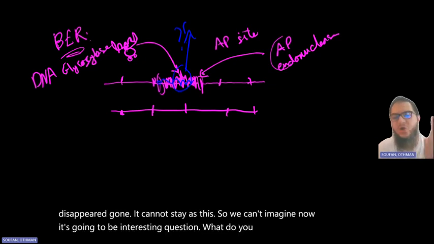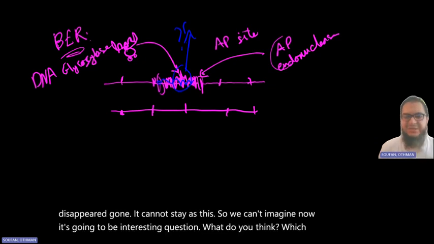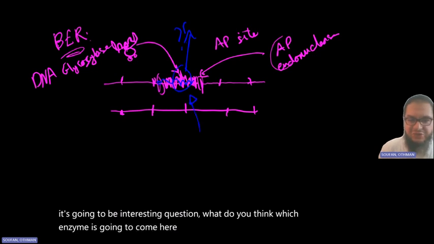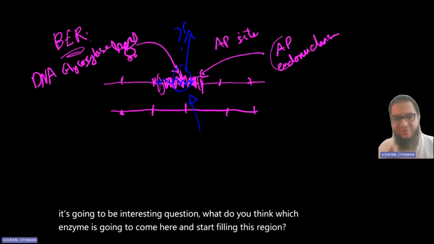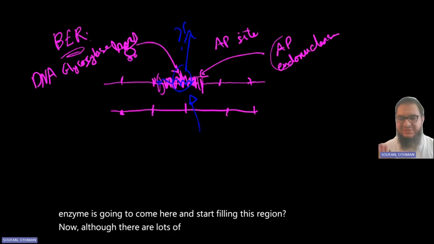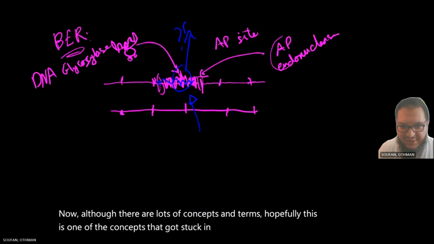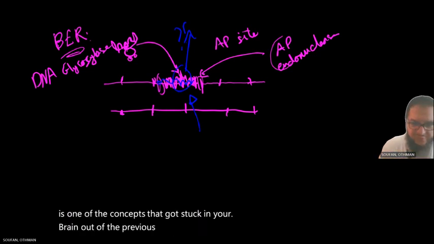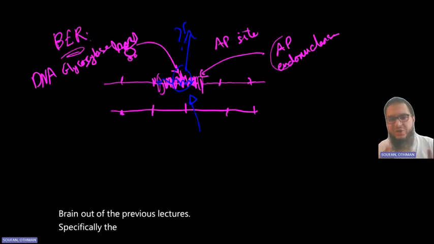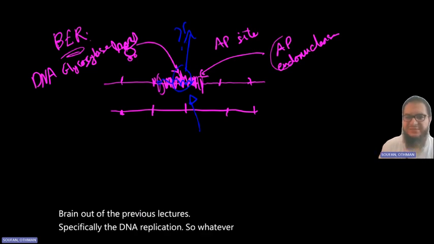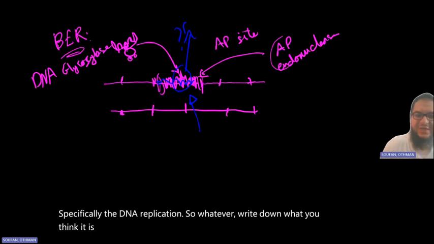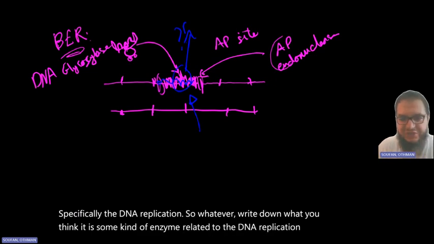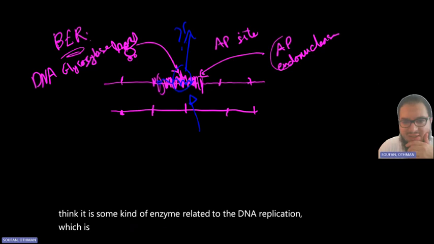Now it's an interesting question. Which enzyme is going to come here and start filling this region? Although there are lots of concepts and terms, hopefully this is one of the concepts that got stuck in your brain from the previous lectures, specifically DNA replication. So write down what you think. It is an enzyme related to DNA replication, which is DNA polymerase.